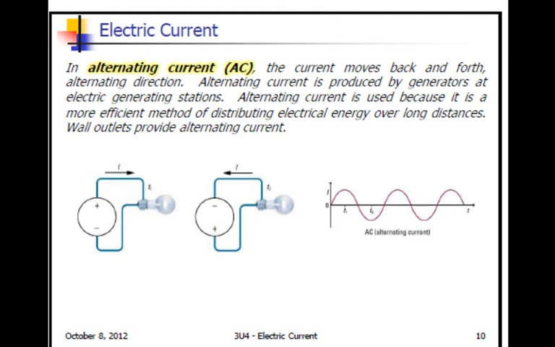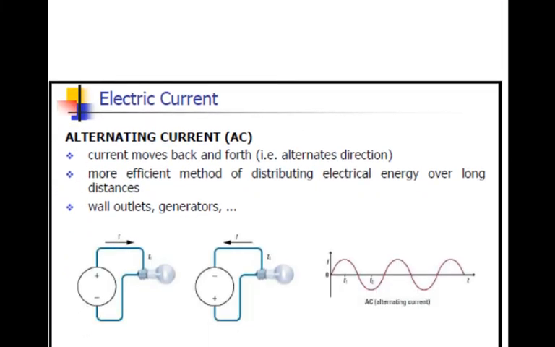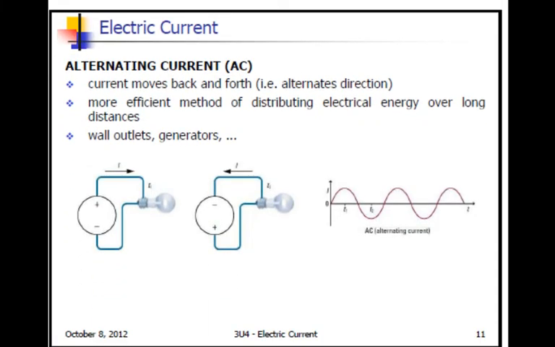So this is the type of electricity you see plugged out of a wall outlet, and it is current that moves back and forth.